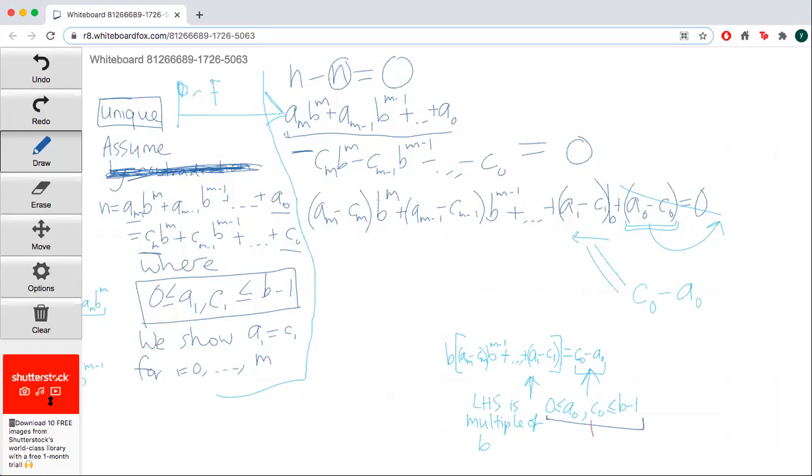I asked you, what is the biggest value possible of C0 minus A0? Well, C0 and A0 can only have values between 0 and B minus 1, right? So the biggest possible thing is if I set C0 to be the biggest possible and A0 to be the smallest possible.